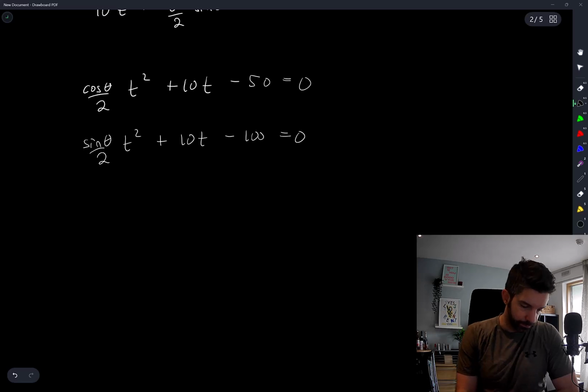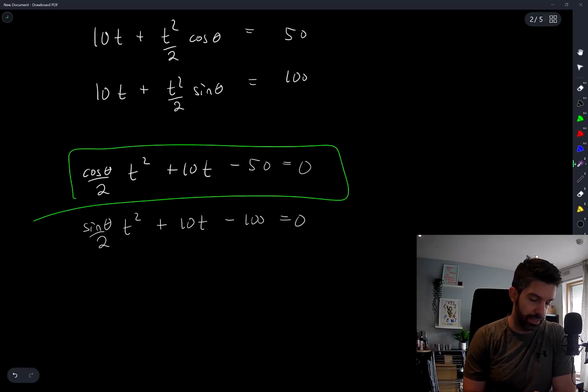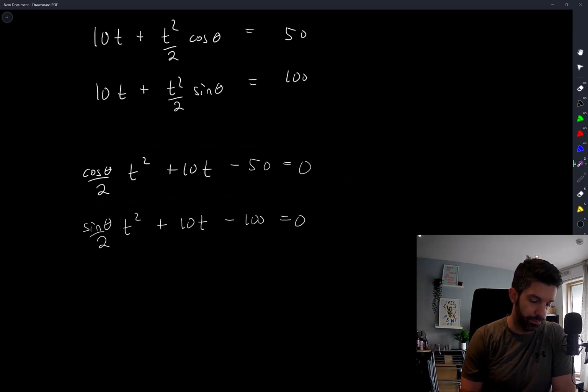My thinking here is that the other approach I had, where I took a difference of these two equations, maybe that could work out in some way. I didn't see it. What I'm going to do is treat this as a quadratic equation for t and write down the roots, and treat that as a quadratic equation for t and also write down the roots.